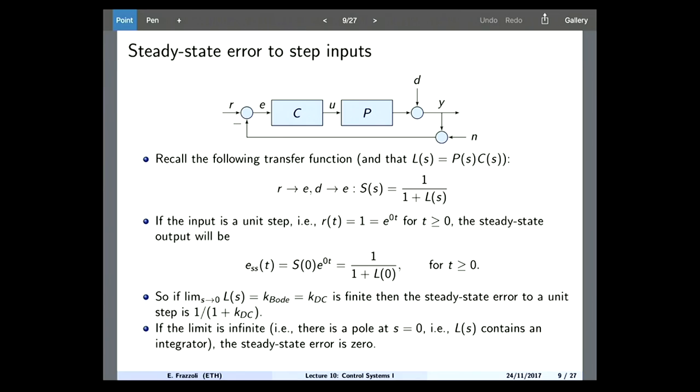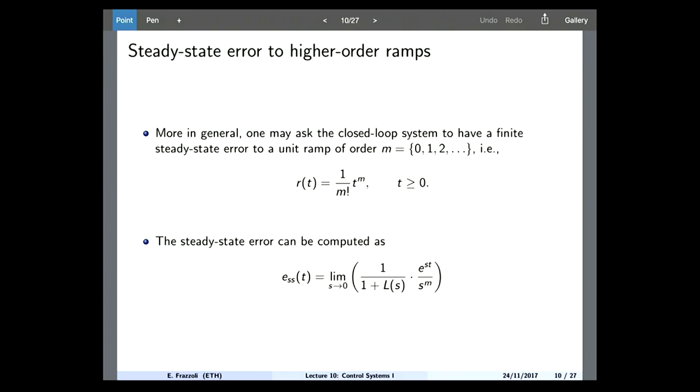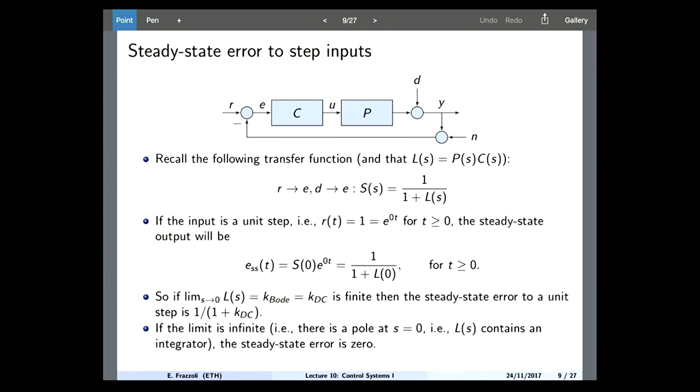In particular, if L(s) contains an integrator, that is, if L(s) has a pole at 0, then I know that my steady state error to a unit step will be 0. That's great.